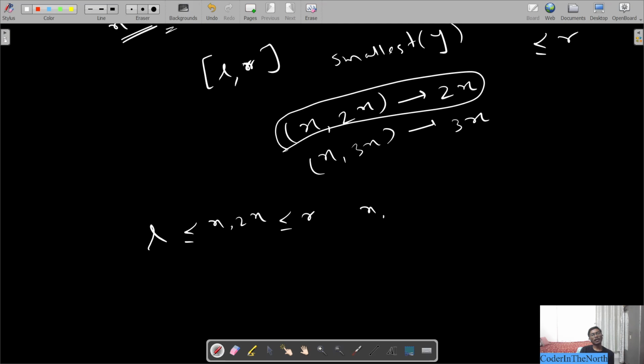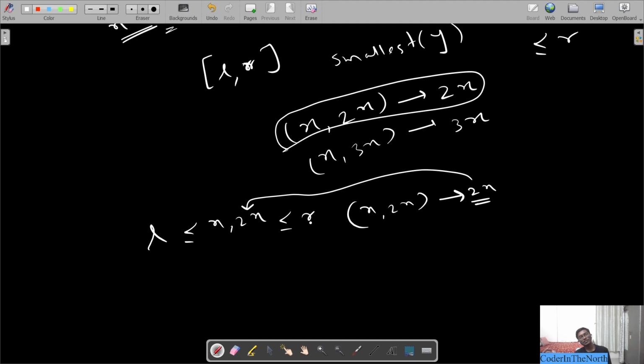If I have numbers x and 2x, the LCM will always be 2x. And if 2x lies between L and R, then our problem is solved. But if 2x exceeds the range, then it's impossible. So we found the relation between x and y: the answer will be x and 2x.